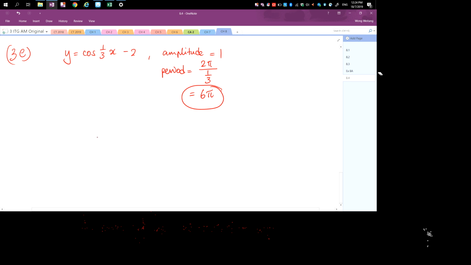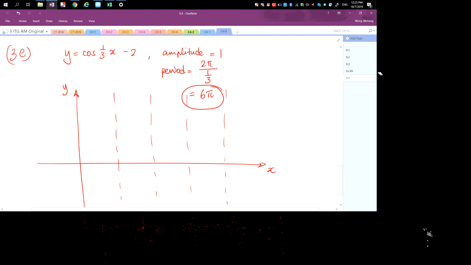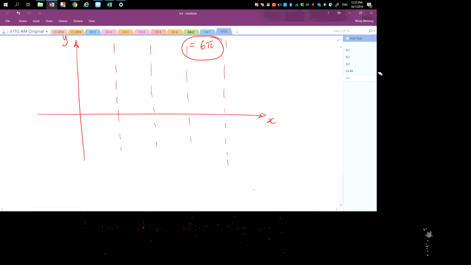Let us now sketch the graph of y equals cosine 1/3 x first. X, y. Again, I divide into 4 parts. 3 and 4. What is the last angle over here?